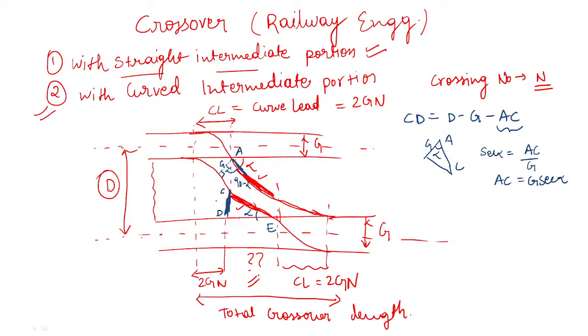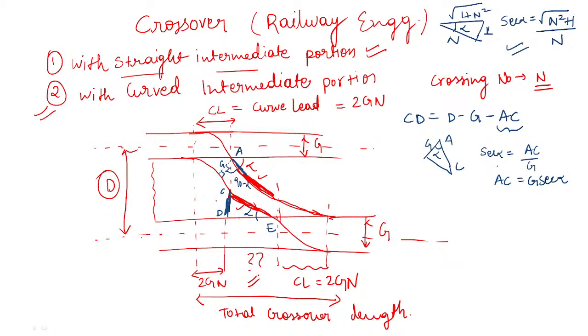Also, we know that the crossing number is n, so for travelling 1 unit vertically, we need to travel n units horizontally. So sec alpha is under root n square plus 1 upon n.